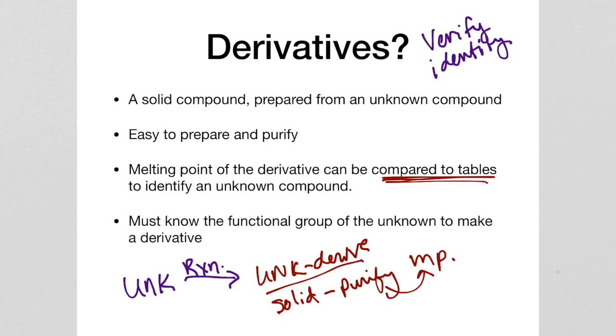And this will make more sense in the context of the example that I'm going to show you in the next video. A couple details about derivatives is that you've got to know the functional group of the unknown so that you can choose the right derivative. And I will show you this in the context of the example that's in the next video.